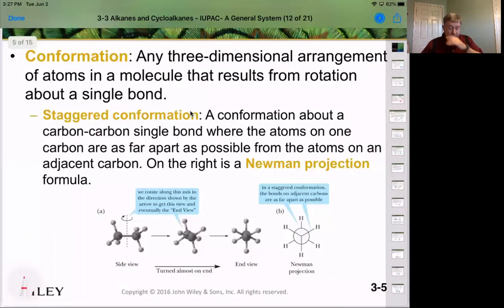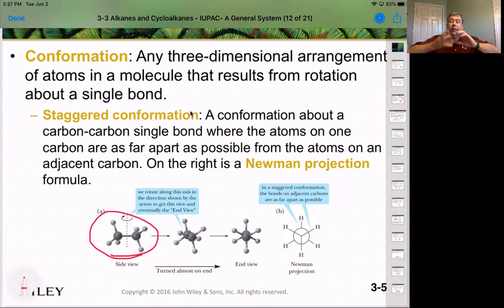Okay, so now that we have the basis for our system, let's talk about different possible conformations that we have. When we have a compound like this alkane right here, we have an sp3 hybridized carbon bonded to an sp3 hybridized carbon, okay?